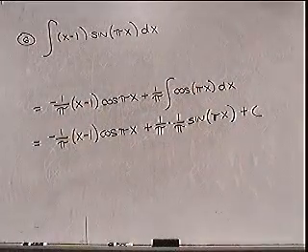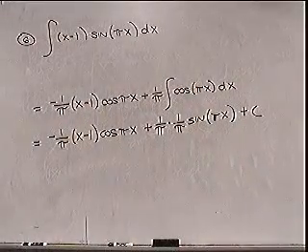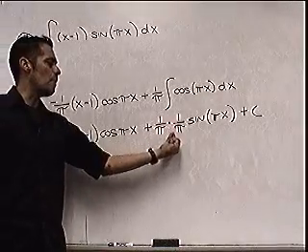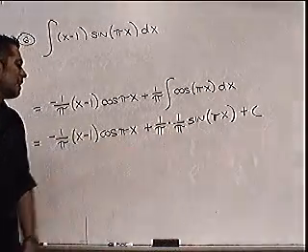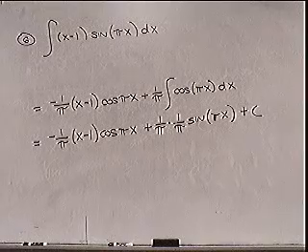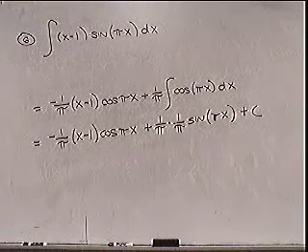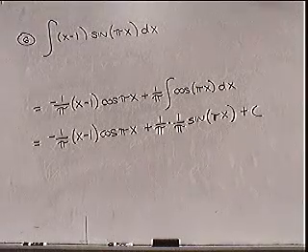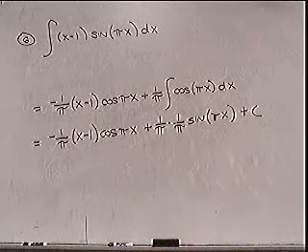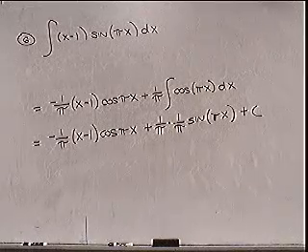We're done. We can put these pi's together right here and say 1 over pi squared. That's about it, though. That's the answer. You can check it yourself if you'd like by taking the derivative. I trust you.